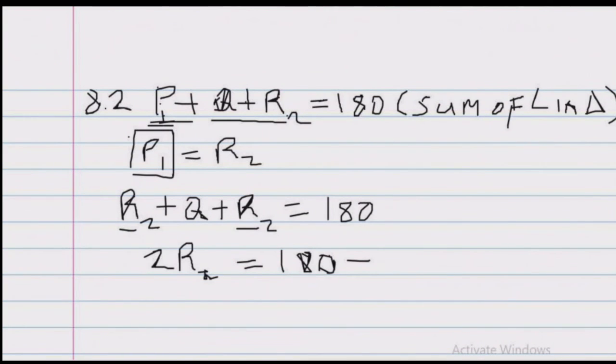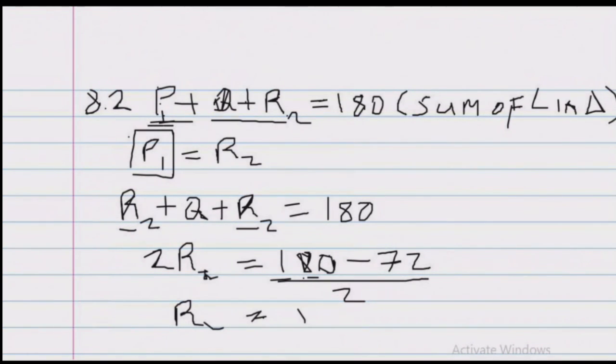Then my R2 would equal 180 minus 72 divided by 2, which would give me 54.